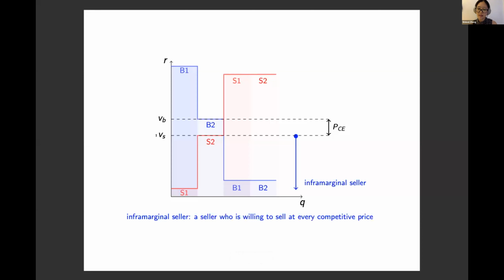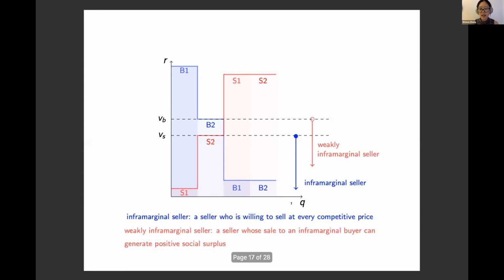If a seller is inframarginal, what we mean is that the seller is willing to sell at every competitive price. The seller has a value lower than or equal to VS. And the weakly inframarginal seller definition includes the inframarginal seller. So if a seller is weakly inframarginal, the seller generates positive social surplus if he trades with an inframarginal buyer.